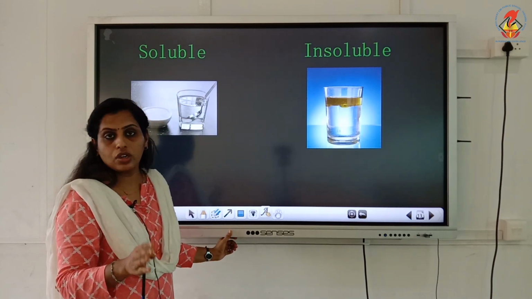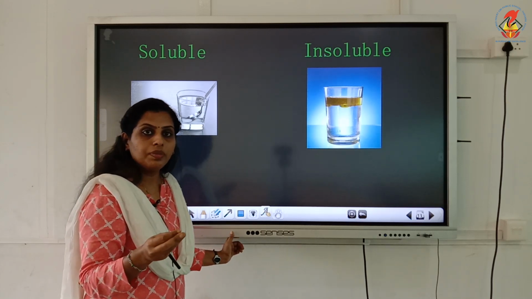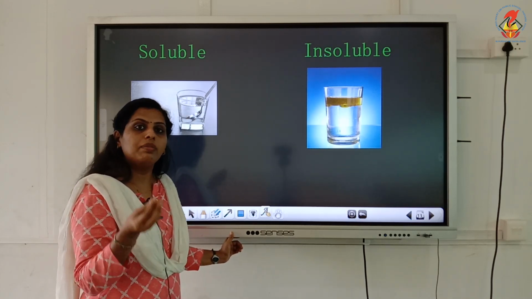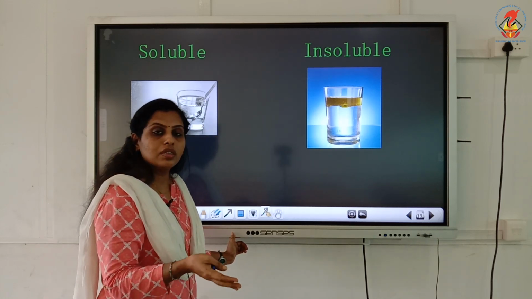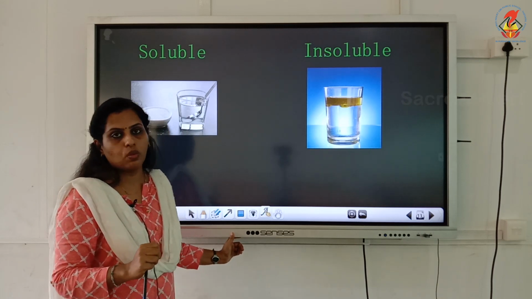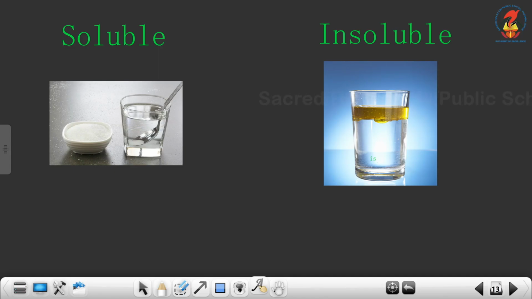No, not at all. There are certain substances in water. Some substances get mixed up with the water very easily, but there are other substances which do not get mixed up with the water. Like, as I have shown in the picture here, sugar.